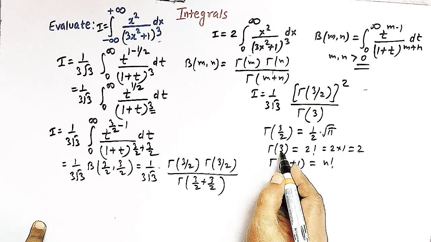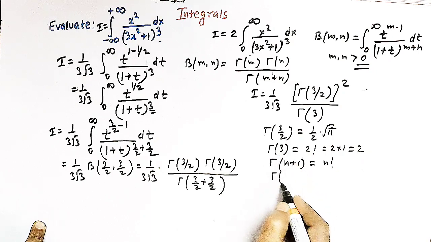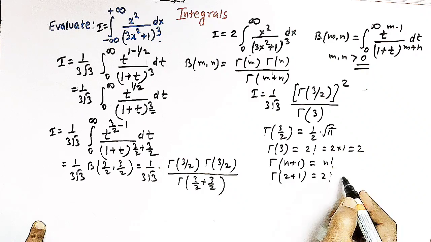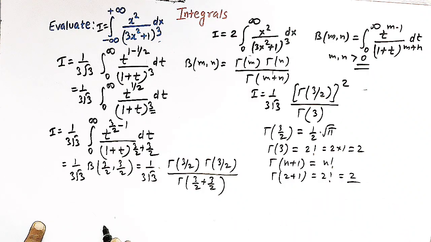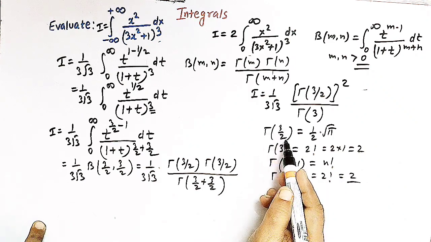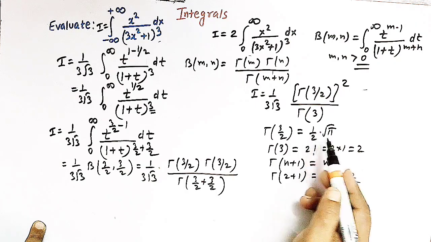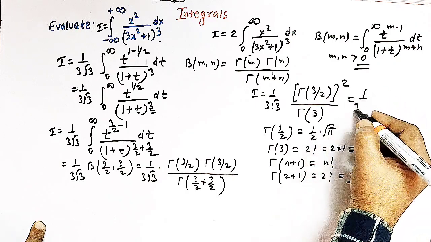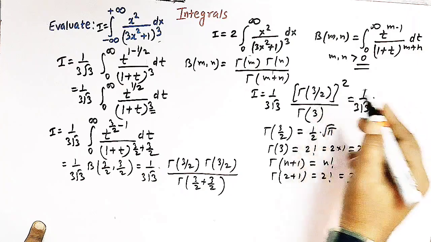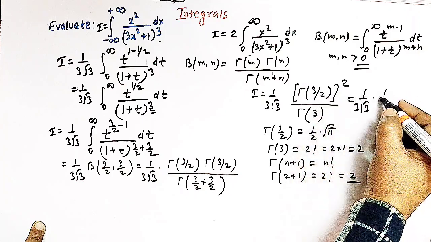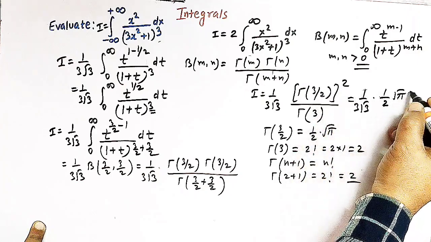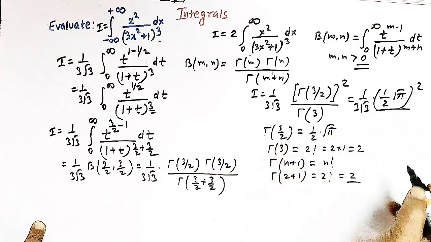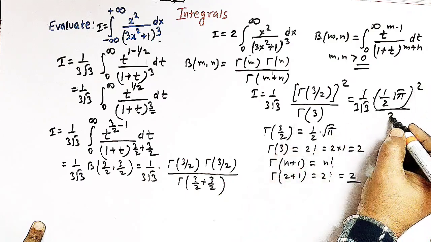So gamma 3 can be written as gamma of 2 plus 1, that is equal to 2 factorial, that is 2. And gamma 3 by 2 is equal to half times square root of pi. So we can now write 1 over 3 root 3, and here we have 1 over 2 root pi square, and gamma 3 is equal to 2.